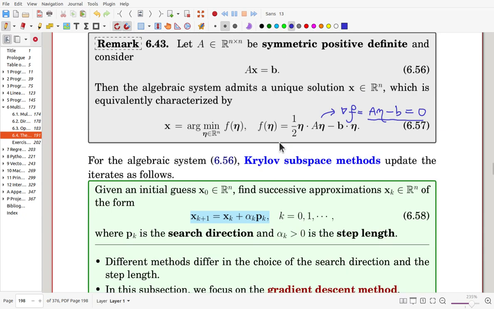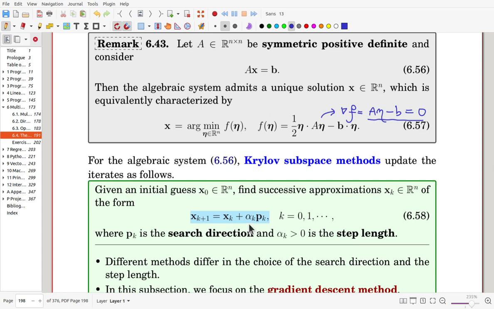For the algebraic system given here, the Krylov subspace method can be used in this form. Iteratively, we try to update the solution. x_{k+1} is x_k, from the old one, we update by using this correction term. In this case, p_k is the search direction, and alpha_k, usually positive, is the step length.